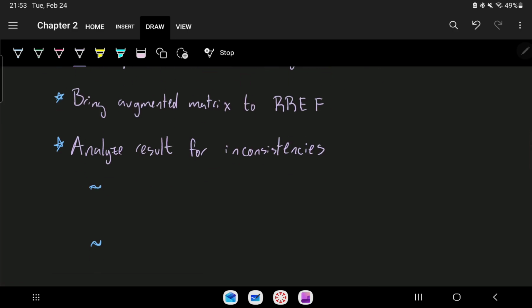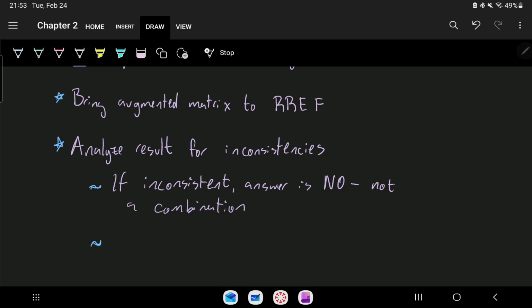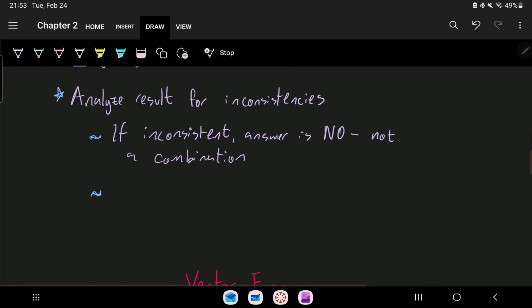So the basic rule of thumb is if inconsistent, answer is no. Not a combination. But if it is consistent, the set is a combination.